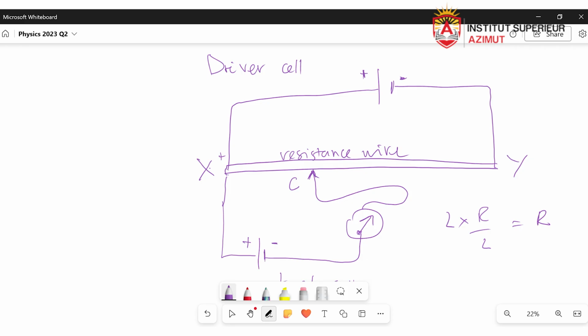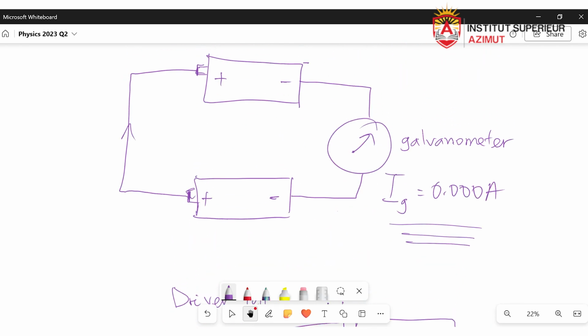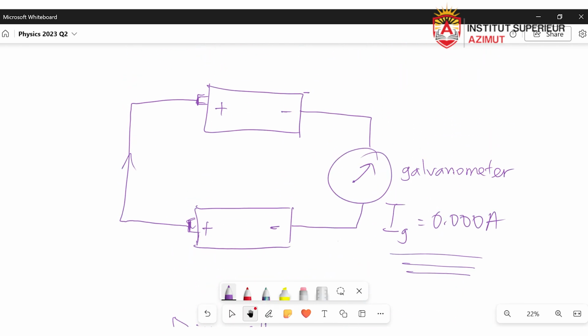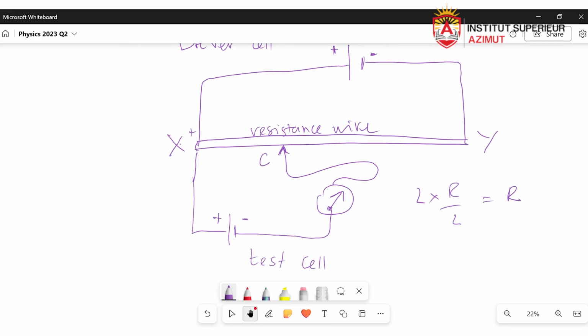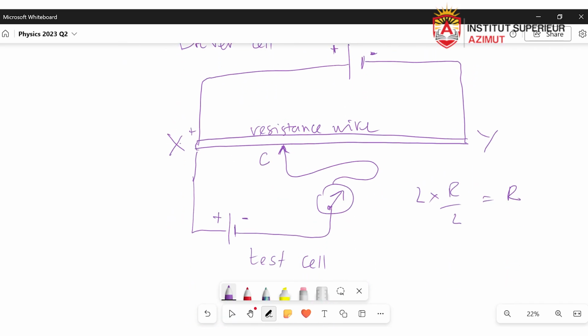So the longer the distance from X to C, the higher the potential difference that is building up. Eventually, as we slide C along XY towards Y, we will come to a position where the potential difference between X and C will be very similar to what we initially saw, and the galvanometer reading is going to be 0. And that is the equilibrium position.